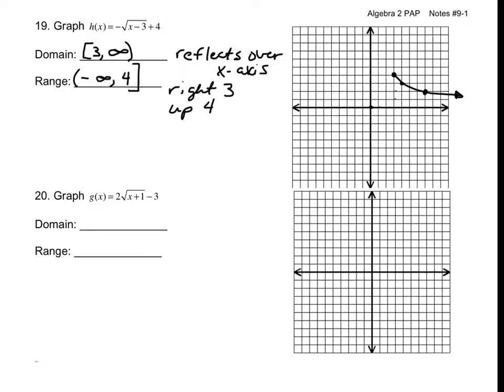So remember, sometimes you have to adjust your range depending on which way the graph points, and the domain too. Alright, so let's look at one more graph example. This one has a vertical stretch. There's no reflection, there's no negative in front. So it's a vertical stretch by 2.